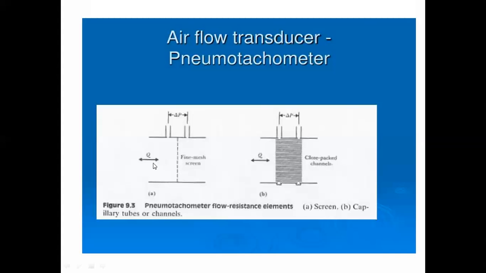See here, the flow resistance element is a fine mesh screen, so there are small openings. In place of a small opening we have a round plate, and inside we have small openings. When the flow is coming inside, the air will move through these small openings.